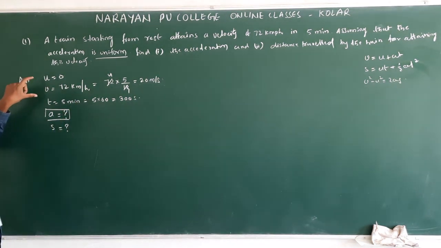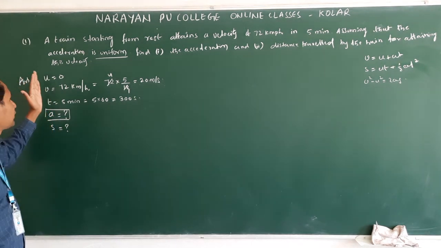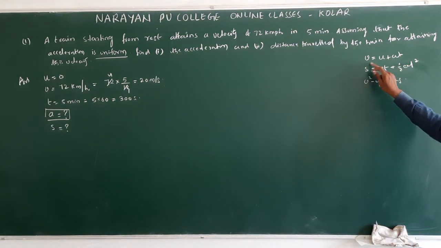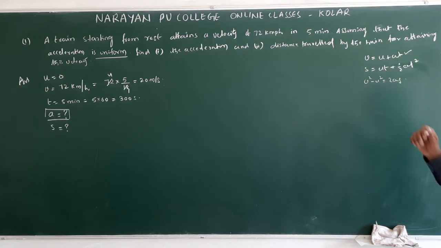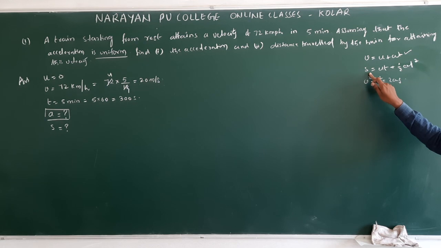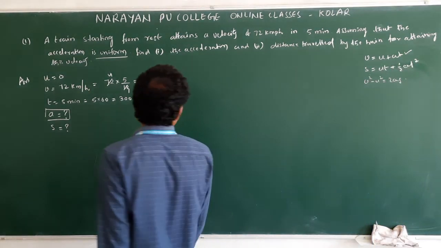According to given information, we have u, v, t. So we need to check which equation involves these three terms. The first equation, v, u, a, t, involves all of them. If you select the second, u, t are given but s is not given, so the second is not suitable. The third has v, u, a, s, but time is there, so this is not suitable to find the first answer, acceleration.